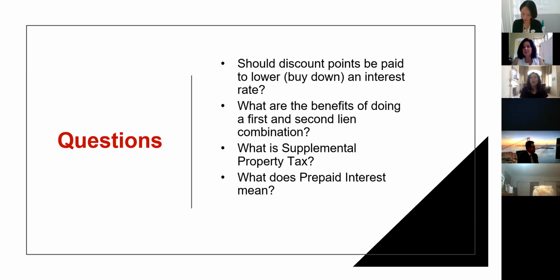A lot of times people come to us and say, I want to combine these two loans into one. In order to find out if this is going to benefit your client, you have to really pay attention to what the interest rate is if you combine the loans together. Will it really save money?